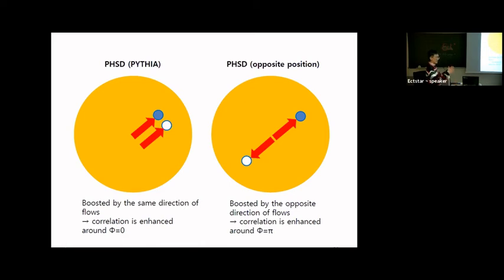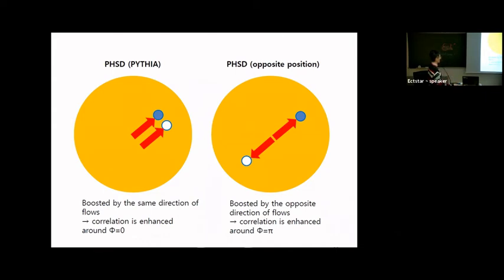But the lifetime of the fireball is limited, so they cannot be separated far away. They are still nearby. I mean, some pairs could be distant, but mostly nearby. So they are boosted in the same direction by flows. So by this flow, the correlation is enhanced around pi equals 0. I mean, co-moving is enhanced.